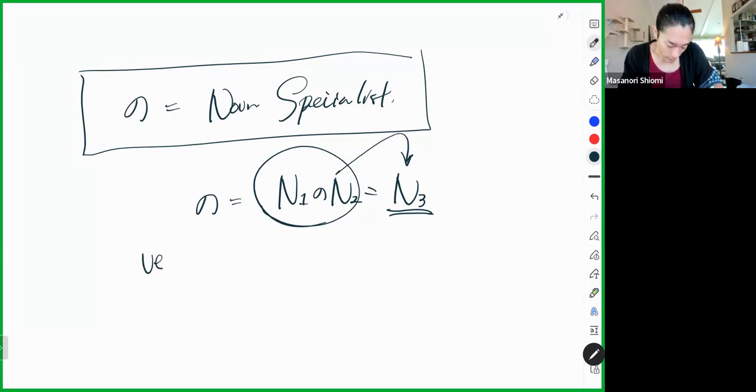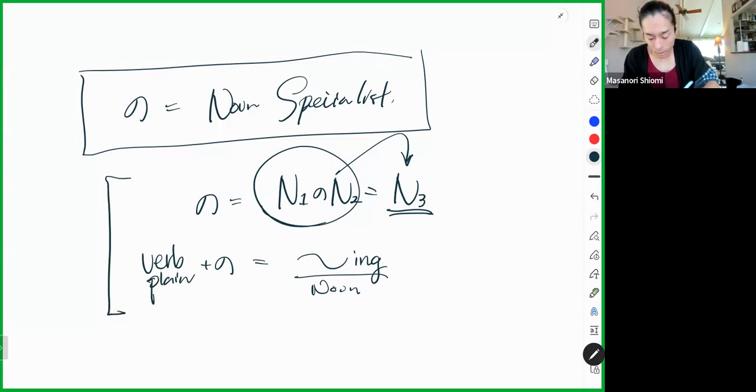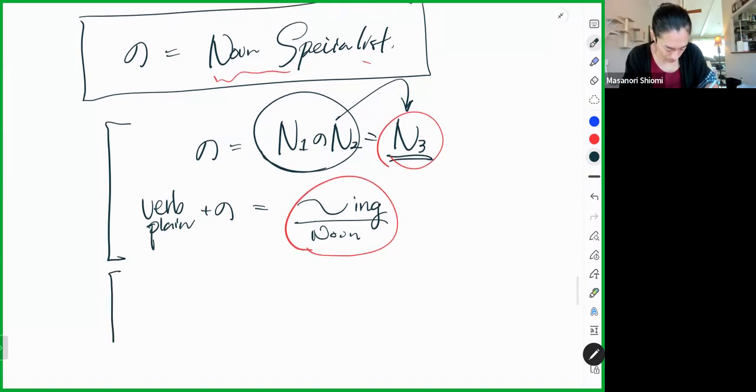Also verb plain plus no would be the ing form of the verb as a noun, right? I like studying. 勉強するのが好きです, right? So these two no are being used to make things noun. So it is noun specialist. Now we have this third one.